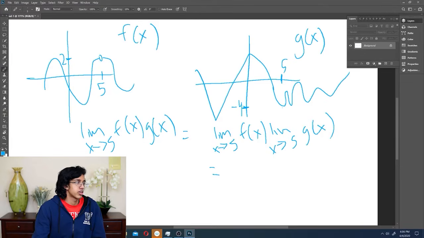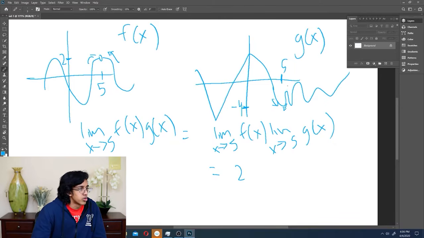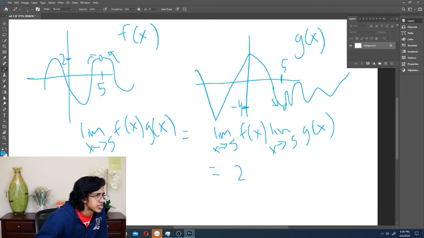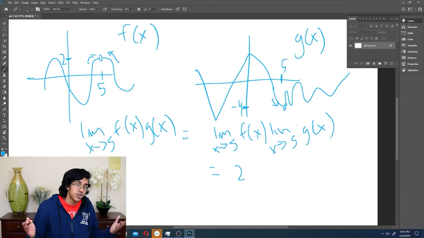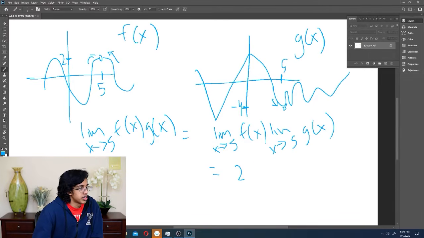Then we just plug in. We get 2, because here it approaches 2 from both sides, so it's not undefined. And over here it approaches -4 from both sides. So our answer is going to be -8.